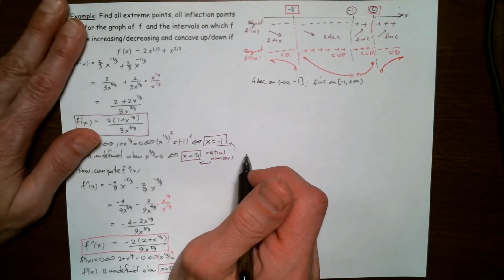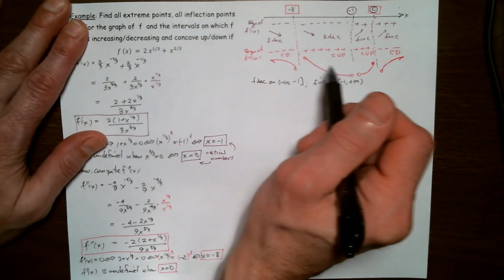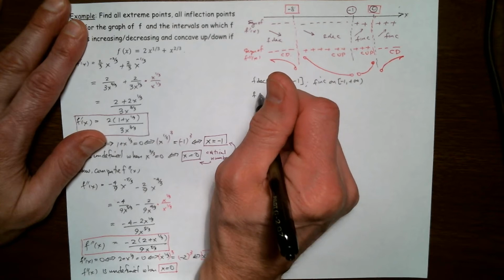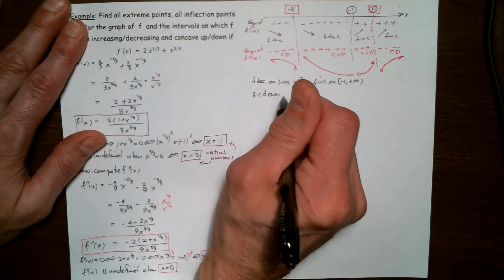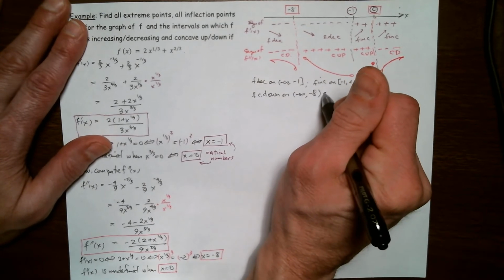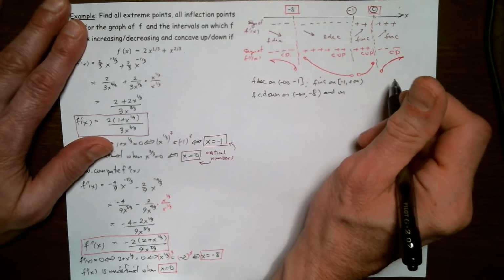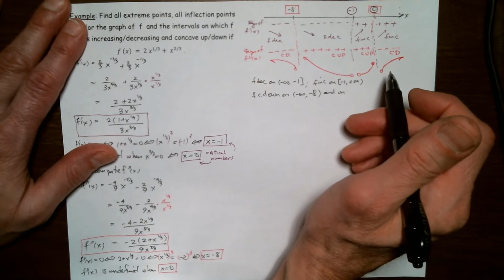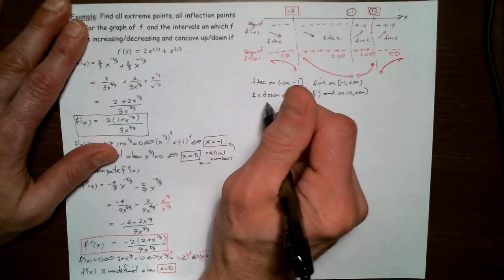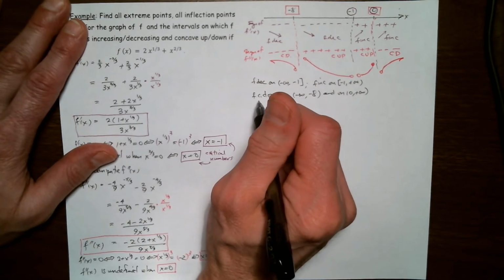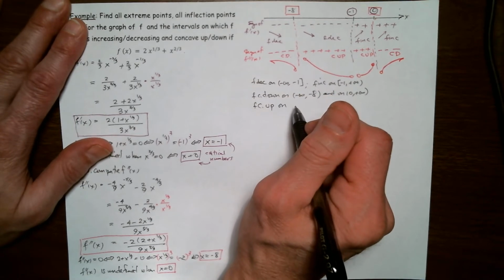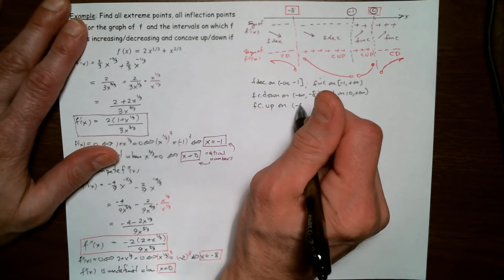Okay, and then we also saw that f was concave down on 2 intervals. So f is concave down on the interval from minus infinity to minus 8, and also on the interval from 0 to infinity. f is concave up in between. f is concave up on the open interval from minus 8 up to 0.